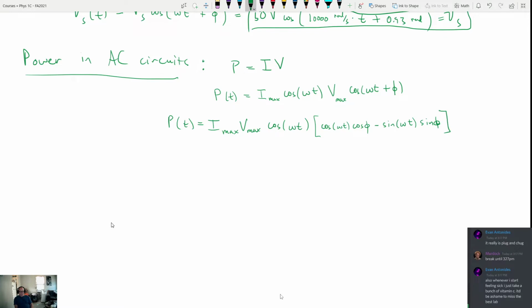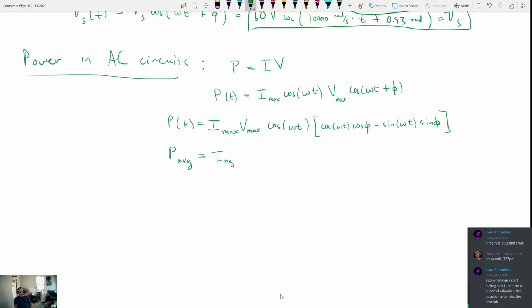Okay. And now we're going to time average this function over one period. So the average power should be equal to, and we do this exactly the same way we did before, we're going to average these functions. When we look at them, you might notice that there are two of them.